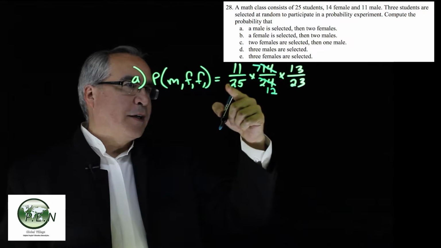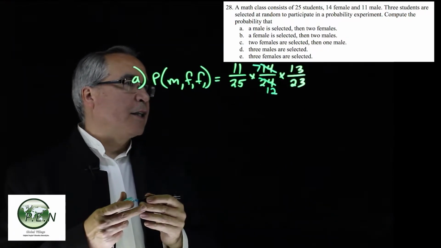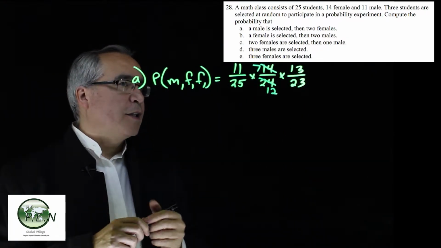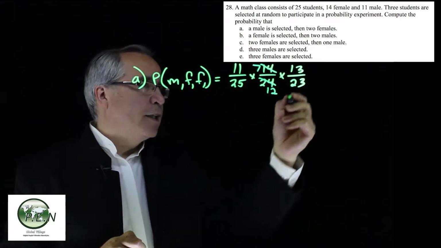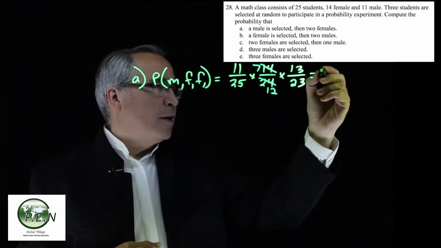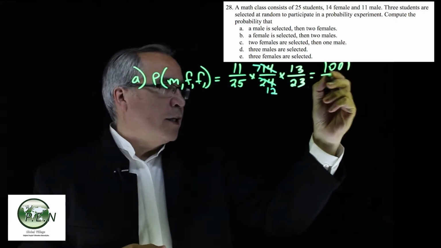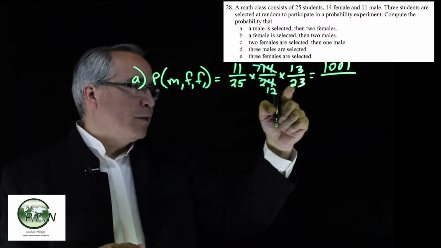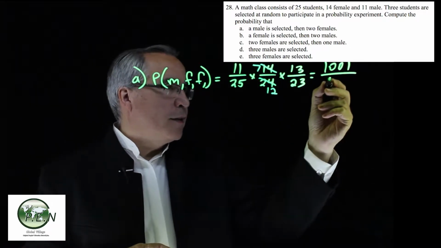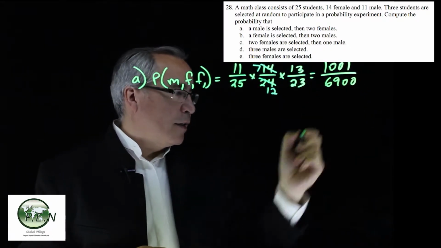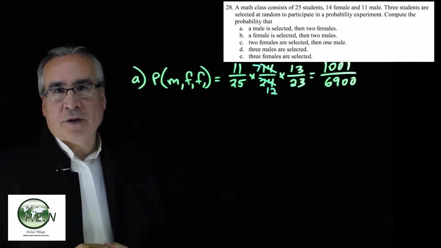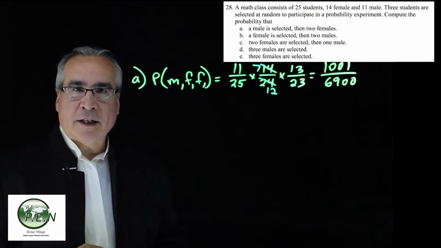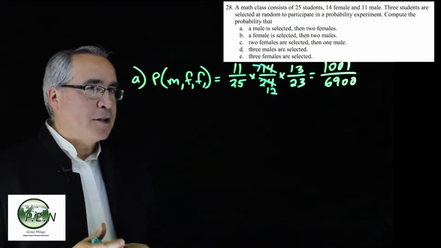Nothing with the 5, the 11s. I think that's about all we can do for reducing. And when we do that, 11 times 7 times 13 will give us 1001. 25 times 12 times 23 should give us 6,900. And you can turn that to a decimal and then to a percentage. I'll leave that as an activity for yourself, but this way you'll be able to check the answer in the back of the book.